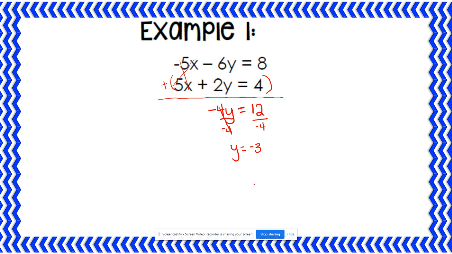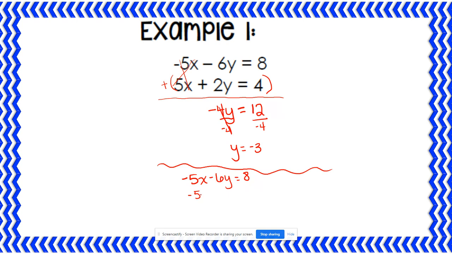Now, because this is a system of equations, I still need to find the value of x because the solution to a system of equations has to be written as an ordered pair. So I'll go back into one of my equations, and it doesn't matter which one. If I choose my first equation, it says negative 5x minus 6y equals 8. I'm going to plug in negative 3 for y.